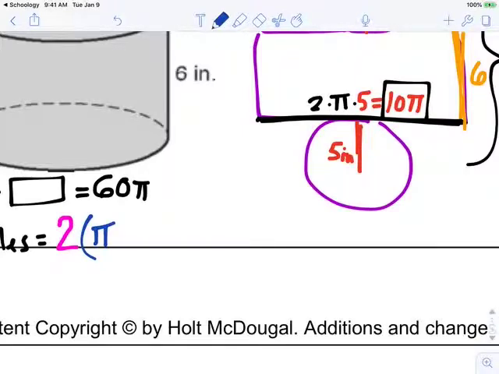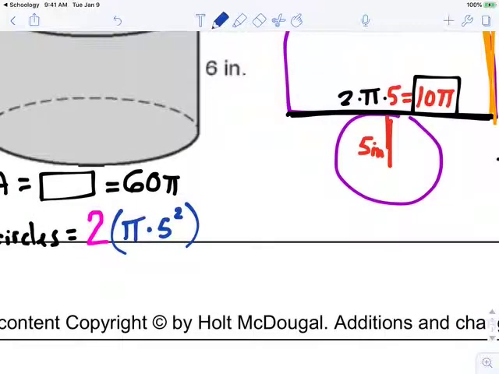So pi times 5 squared, that gives me 25 pi. So this is 2 times 25 pi, because we did 2 of them. So how many pi's do we have? 50.